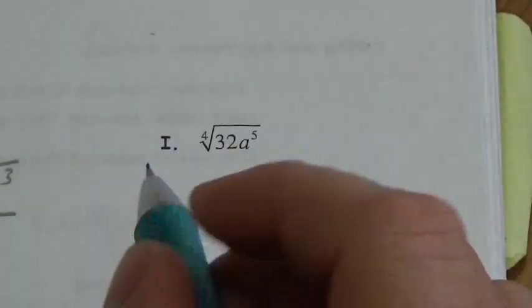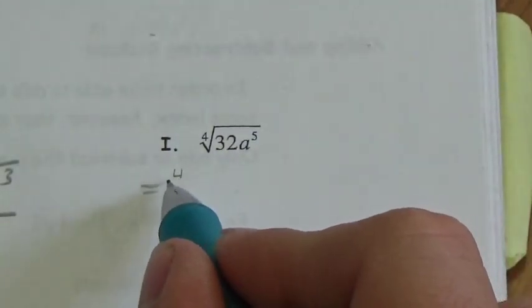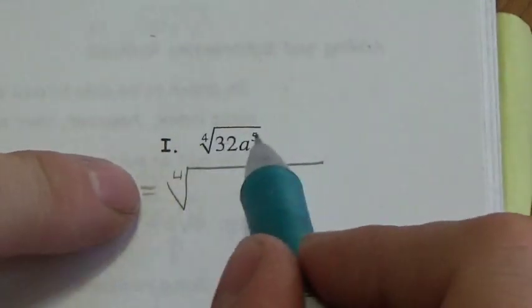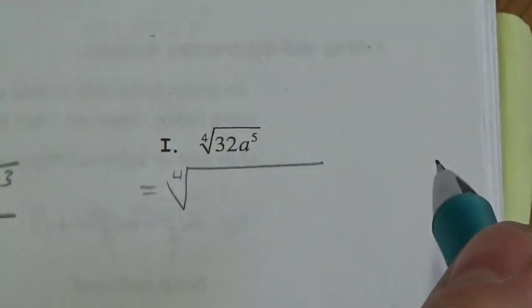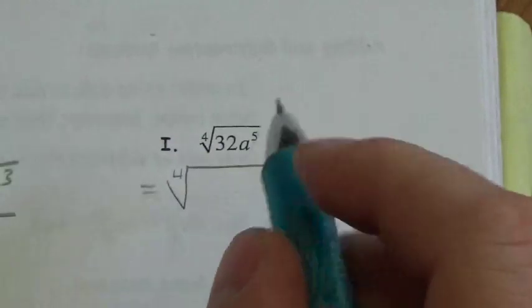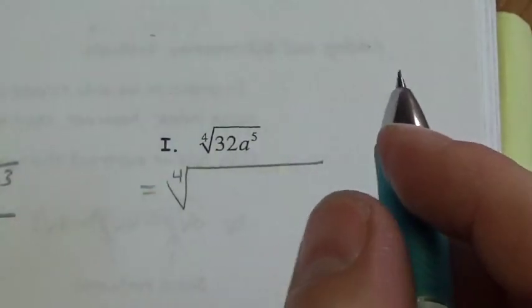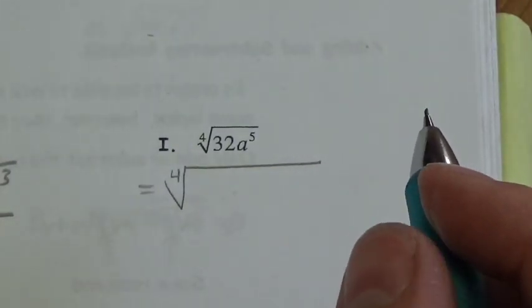All right, and now finally, the 4th root of 32a to the 5th. Now, beyond a certain point, you could start dealing with the numerical coefficients the same way you're dealing with the variables here. But I'm going to just keep working at it the way I have been, because we talked about prime factorization, and I really do want you all to be very comfortable with it.